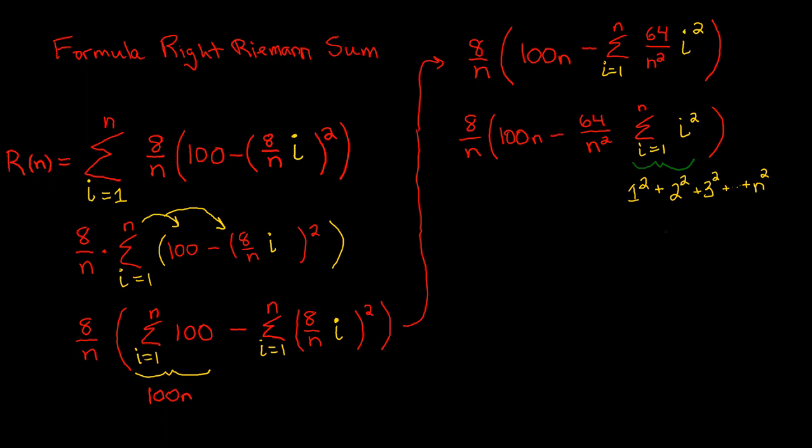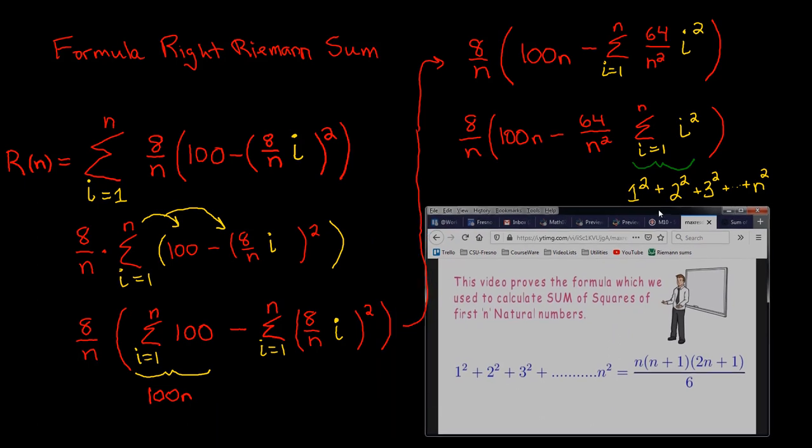And so you might think, mathematicians, this seems like it might be kind of an important number. Mathematicians at some point have probably sat down and wondered, hey, what is the sum of the first n squares? Or what is this sum here? And so mathematicians have actually figured that out, and there's a formula.